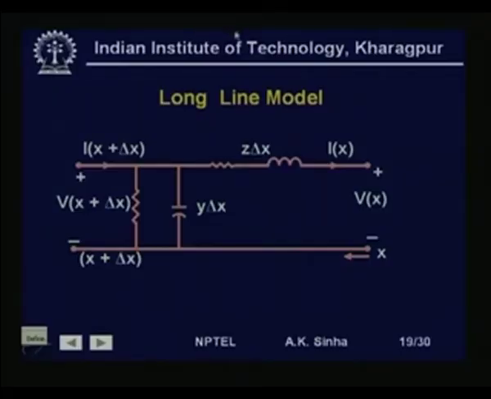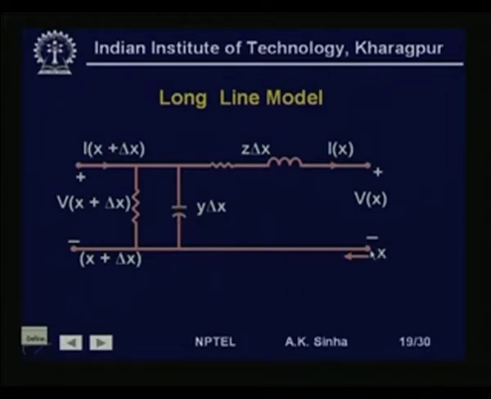So, that is represented here as z into delta x, and the total shunt admittance is y into delta x for this delta x part of the line, where small y is the shunt admittance of the line per unit length. As I said, for the transmission line at power frequency 50 hertz or 60 hertz, the conductance is negligible and is generally neglected, and only capacitance is there.